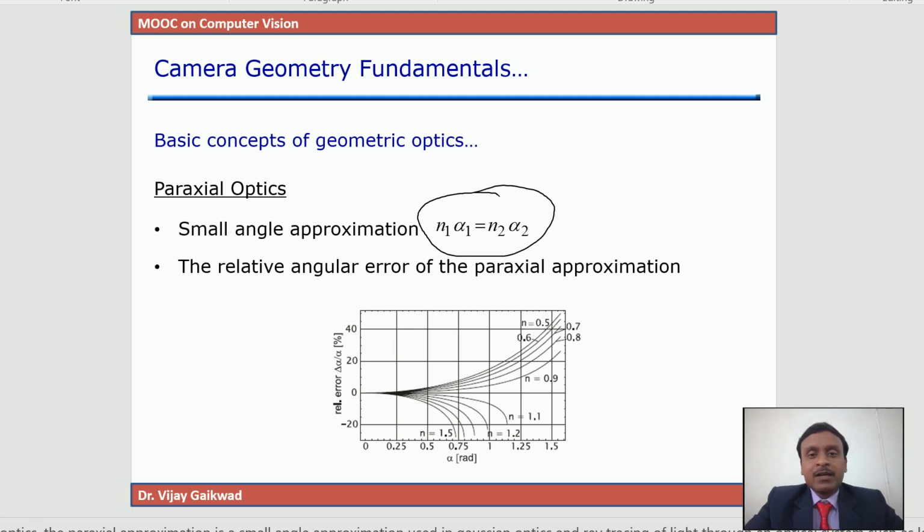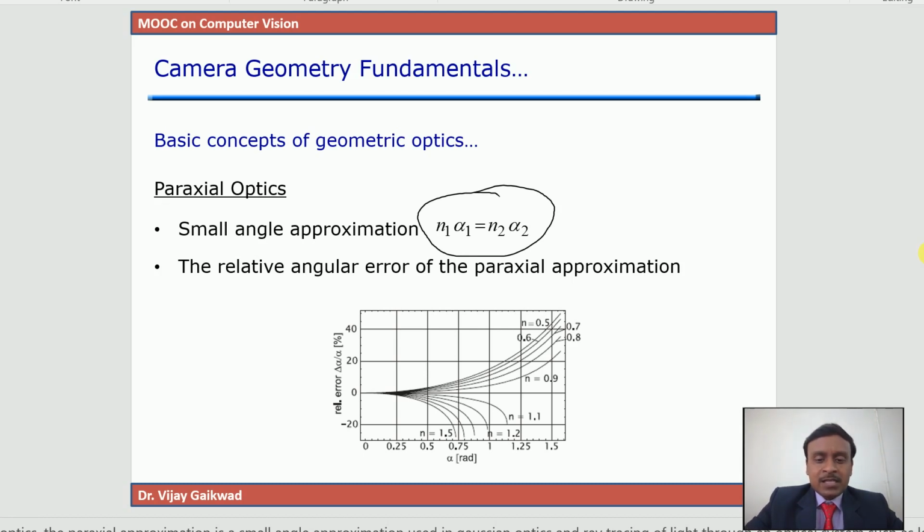Whenever the incident light makes a small angle with the z direction or the optical axis, the equation turns into n1 alpha 1 equal to n2 alpha 2. While this approximation is followed to simplify the calculations, some relative angular error is introduced, and that is given in this chart.